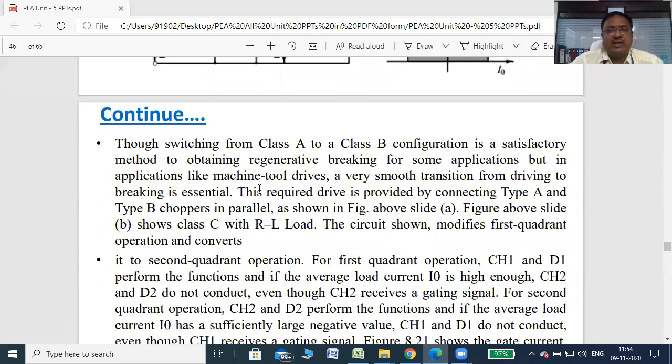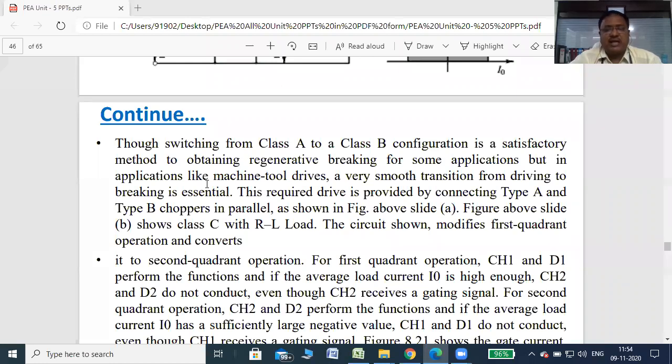That is given here, that is machine tool. When precision is most important, it is not possible to use class A and class B separately to drive the motor and for forward braking. For more accuracy and precision, separate class A and class B are not used.